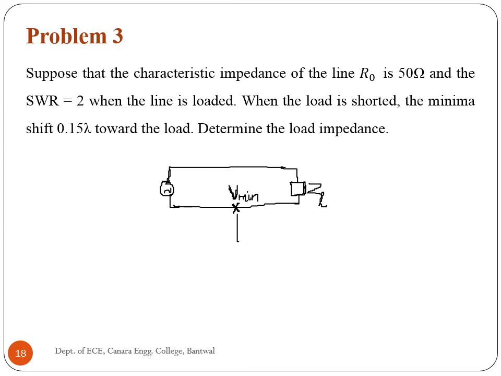When the load is shorted, the distance between the V minimum location and the load is 0.15 lambda.